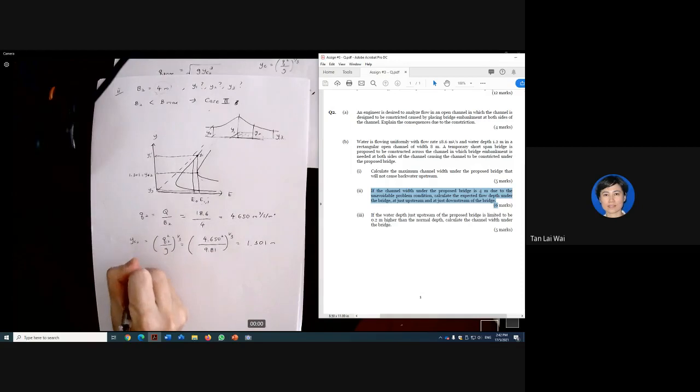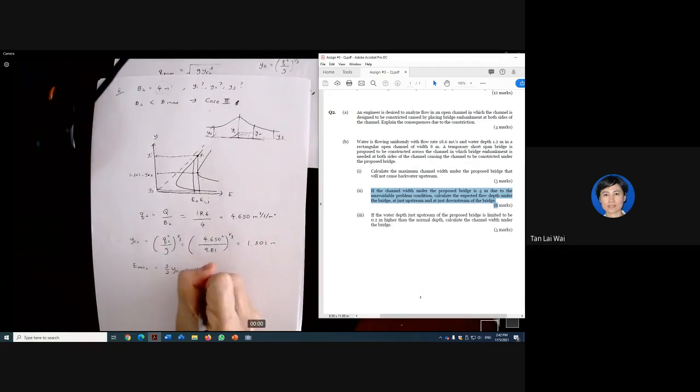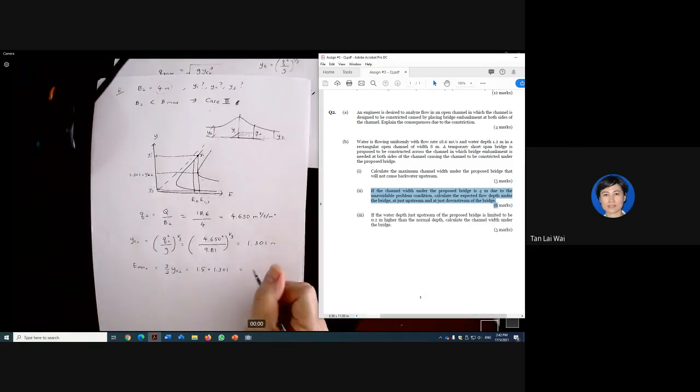So my E min at 2 would be 3 over 2 of YC2, which is 1.5, times 1.301. This would give me 1.952 meter.